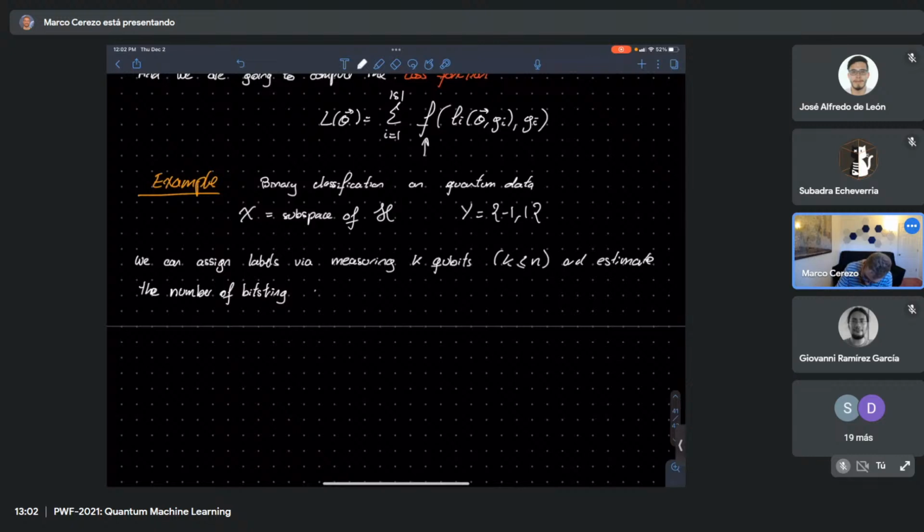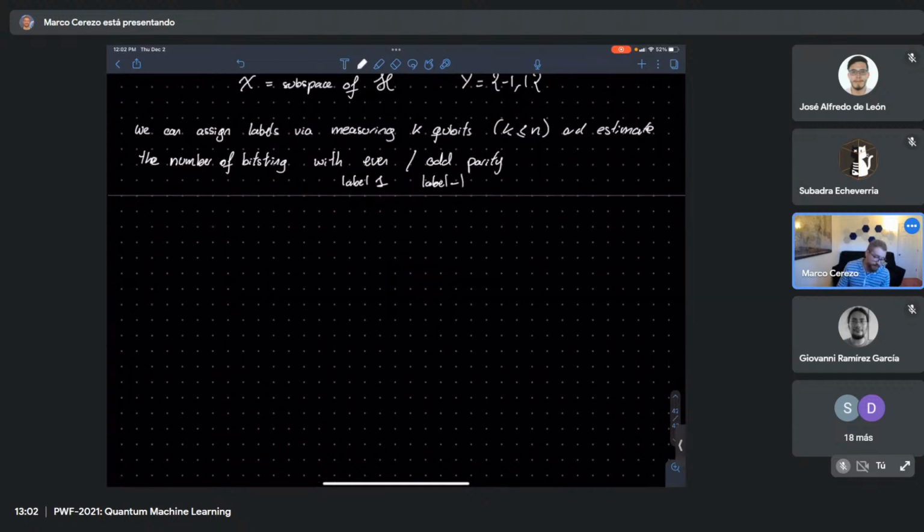The number of bit strings with even or odd parity. If I measure, I get a bunch of bit strings, I check their probabilities, and I add all the bit strings that have even parity and odd parity. If I have more bit strings that are even, I will give this label 1, and otherwise I will give this label -1.